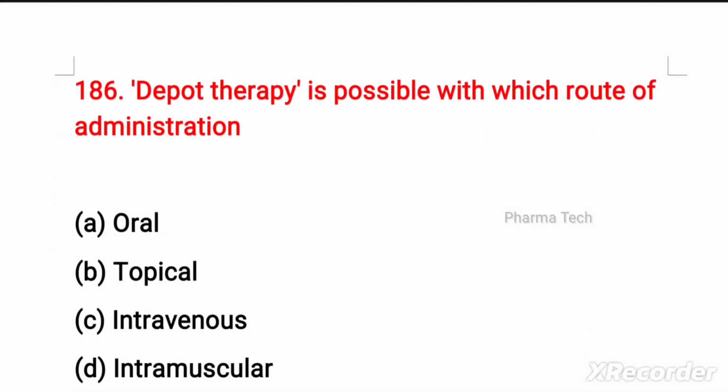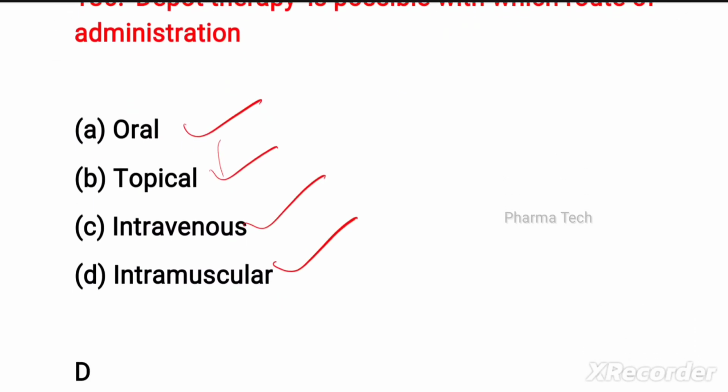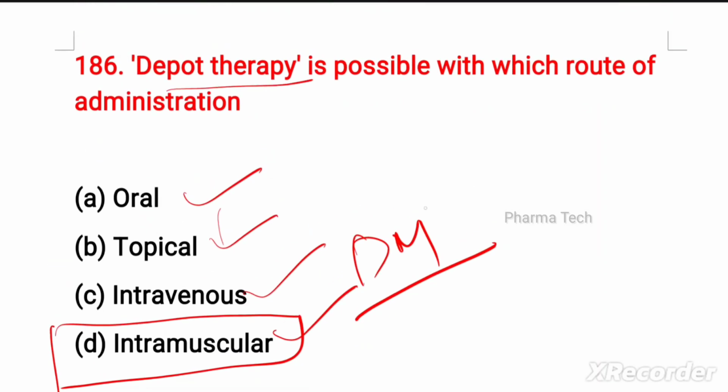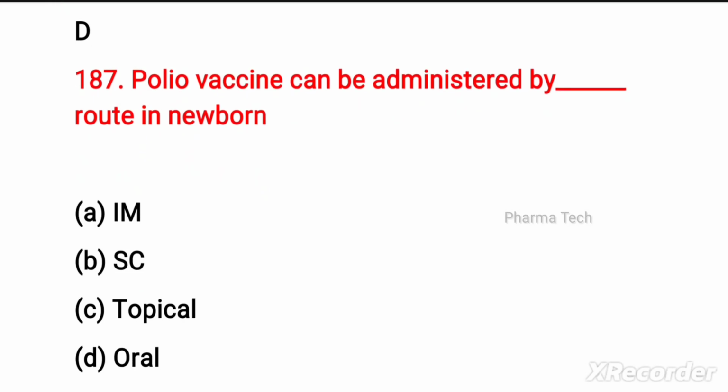Next question, depot therapy is possible with which route of administration? Options are oral, topical, intravenous, intramuscular. Answer is D, intramuscular. Depot therapy is possible with intramuscular route of administration. Next question, polio vaccine can be administered by dash route in newborn.